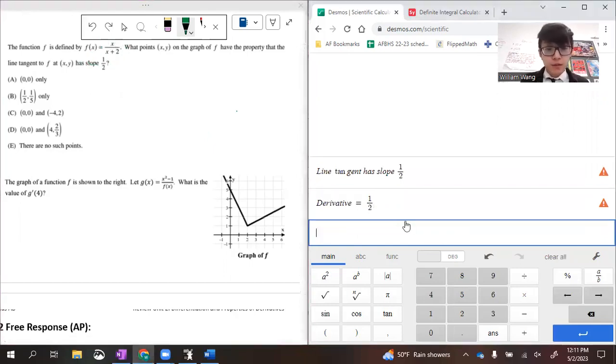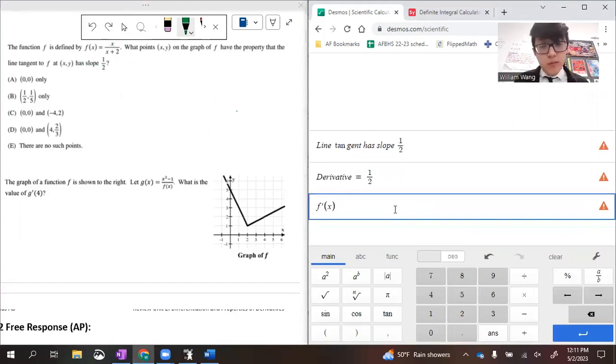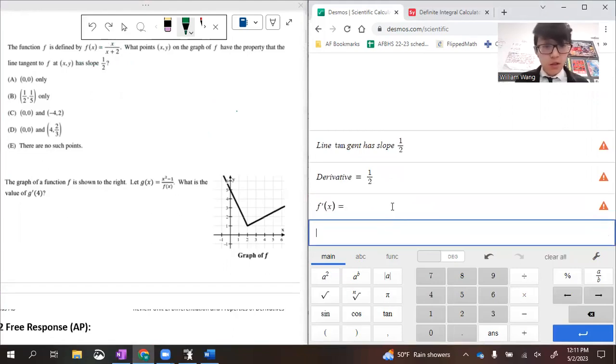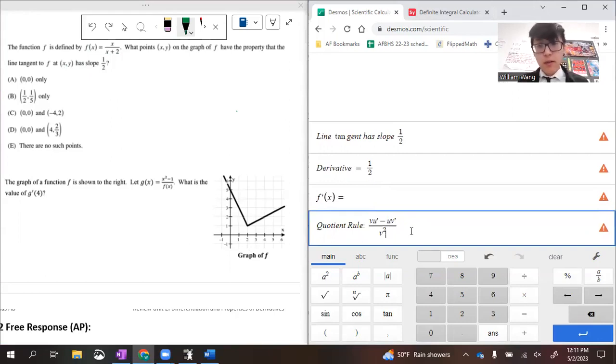Well, let's find the derivative. The derivative requires a quotient rule, right? It requires a quotient rule because it's x divided by x plus 2. There's two functions divided by each other. So quotient rule is v u prime minus u v prime, all over v squared.